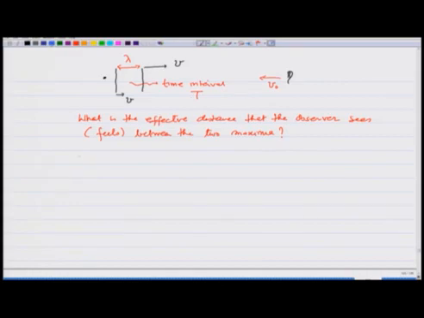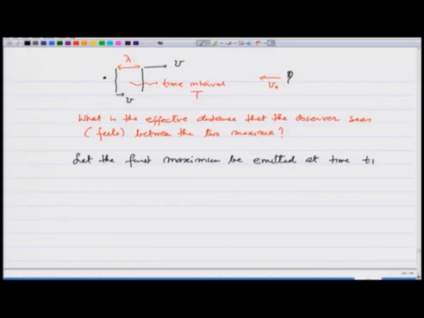For this, what we are going to consider now is, let the first maximum be emitted at time t1 and the second one at time t2, so that t2 minus t1 is equal to t.